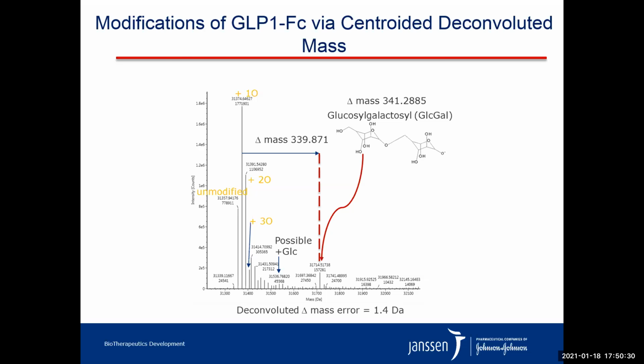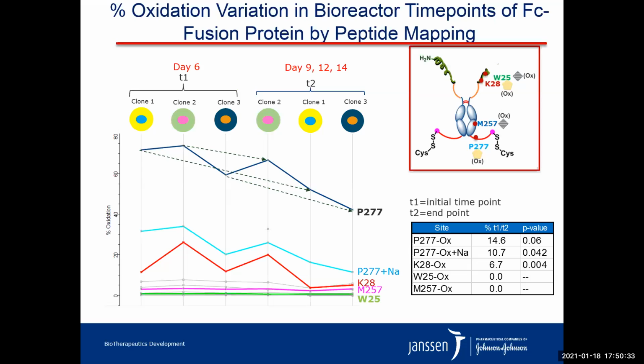Since the levels of glucosyl galactosyl modification are dependent on lysine 28 oxidation, we further investigated the effect of all different types of oxidative modifications, chemical as well as enzymatic, during a bioreactor run where we are examining the oxidation levels of the clone at an initial time point, which is T1, and comparing the same clone to a later time point, which is T2.